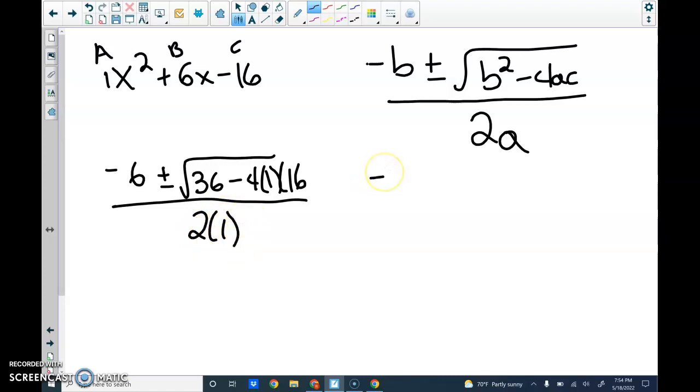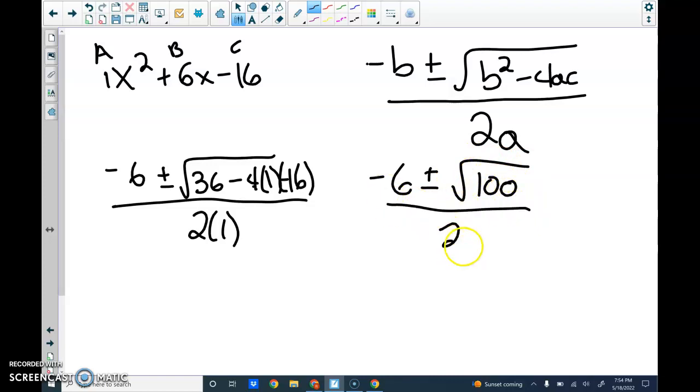So if I simplify this a little bit, 4 times negative 16 is negative 64. So then I have negative 6 plus or minus the square root of 36 plus 64, because 4 times negative 16 is a minus 64. So 36 minus negative 64 turns into 100.